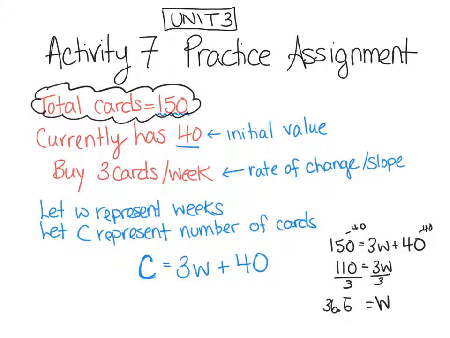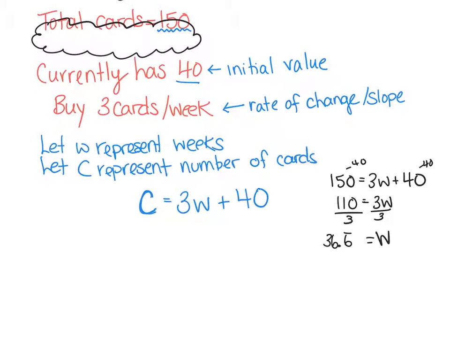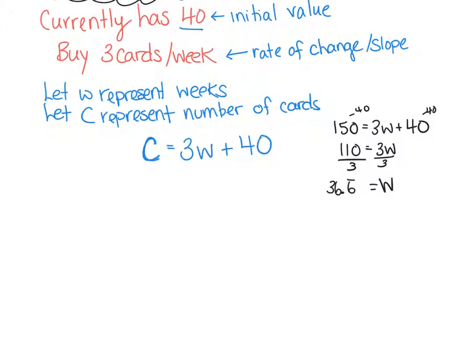So you could say the restriction that you would need to consider when you're graphing the situation would be this. If I was creating a graph of this situation and I was putting number of Pokemon cards here and the weeks down here, whatever you're going up by for cards, once you get to 150 cards, that's where your line has to stop.